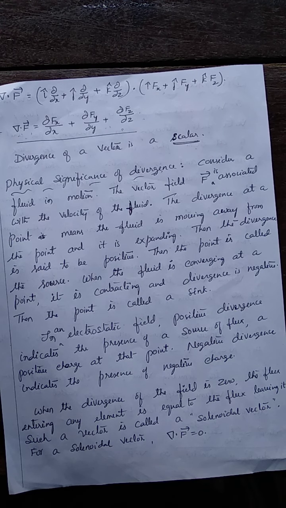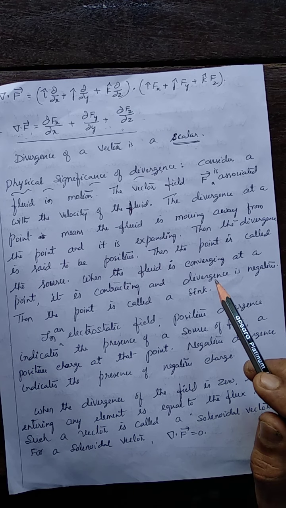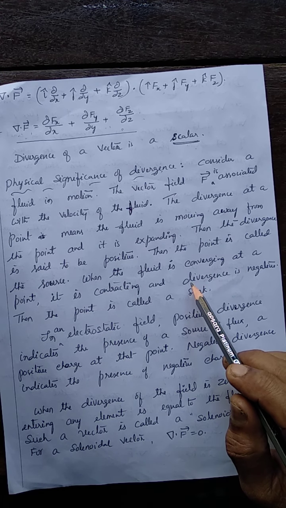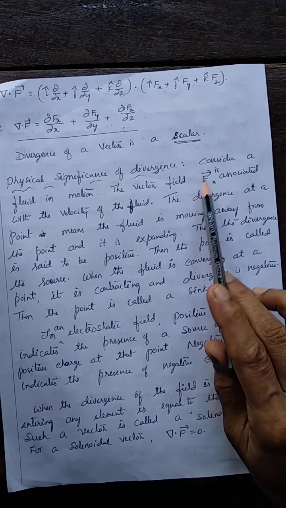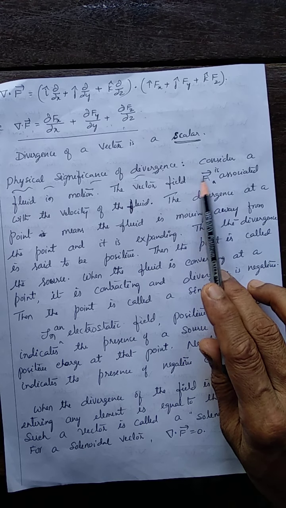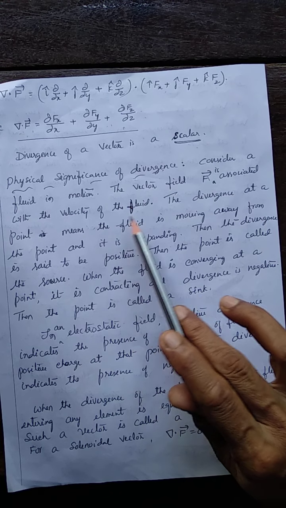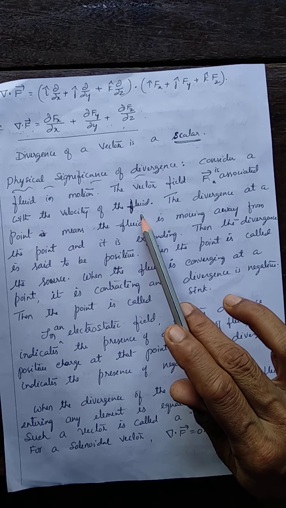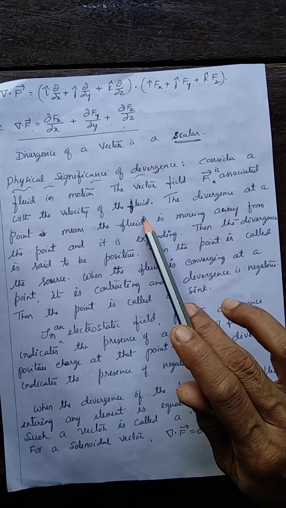See here, I have given the example of a fluid in motion, either liquid or gas. Let F be the vector field associated with this moving fluid, which is nothing but the velocity of the fluid.